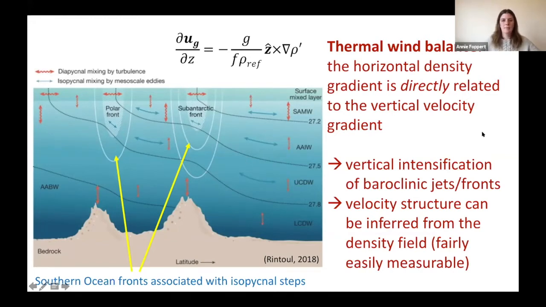Because of the low Rossby number and high Reynolds number, you get this geostrophic hydrostatic balance that can be combined into thermal wind, which directly relates the horizontal density gradients with the vertical velocity gradients. And that is a stable or somewhat stable condition.